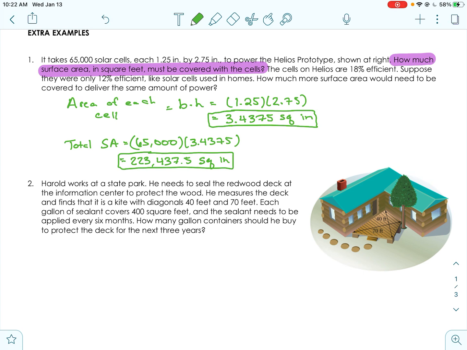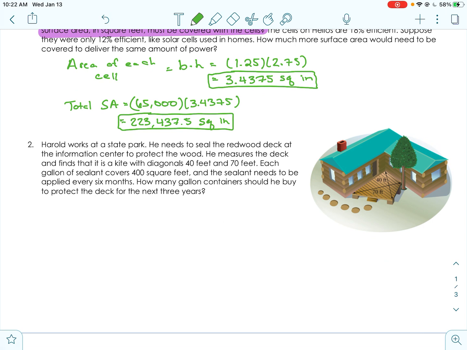Now the problem says we want the amount in square feet, so we need to take these square inches and turn them into square feet. To turn inches into feet, you would divide the number of inches by 12. However, these are square inches, so you need to square 12, which is 144. To turn this amount of square inches into square feet, we divide 223,437.5 by 144, because 12 squared is 144.